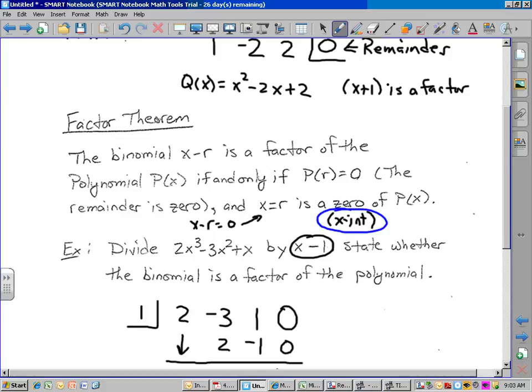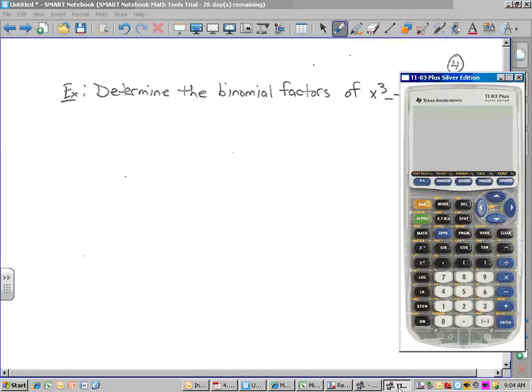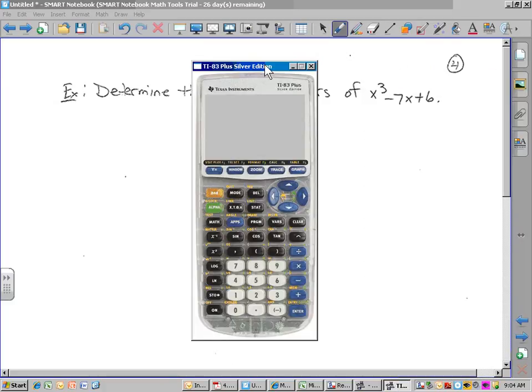So if we can figure out what the x-intercepts are, we should be able to tell you what the factors are and algebraically prove using synthetic division, hopefully getting a remainder of 0, that those are the factors of the cubic. So we're going to use a graphing calculator to do this. After we know the rational root theorem, we won't have to use a graphing calculator anymore. So let's go ahead and graph this.